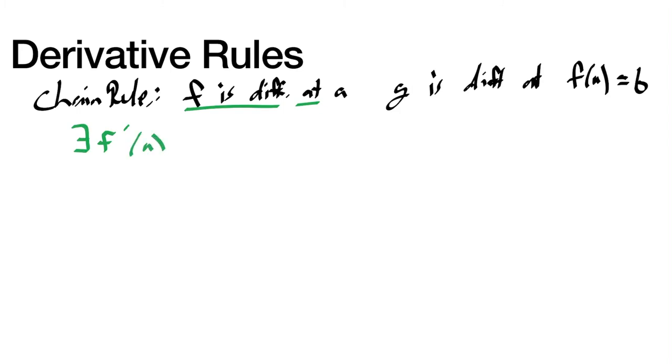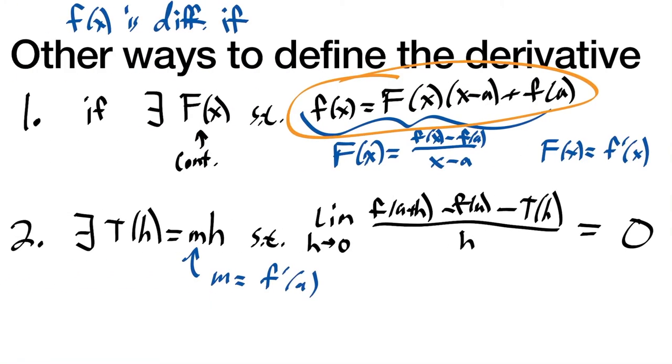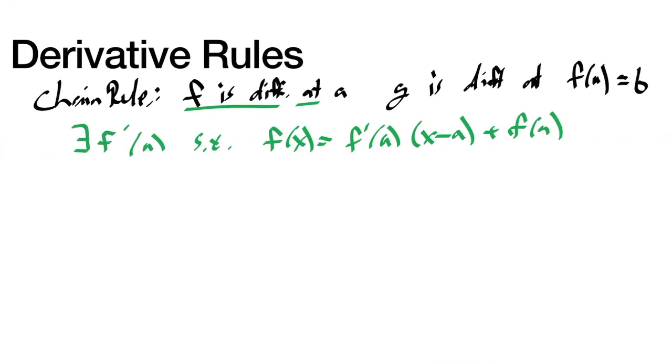There exists an f prime of a such that f of x equals f prime of a times x minus a plus f of a. And all this f prime is just the equation from this function right here that we had. Okay?